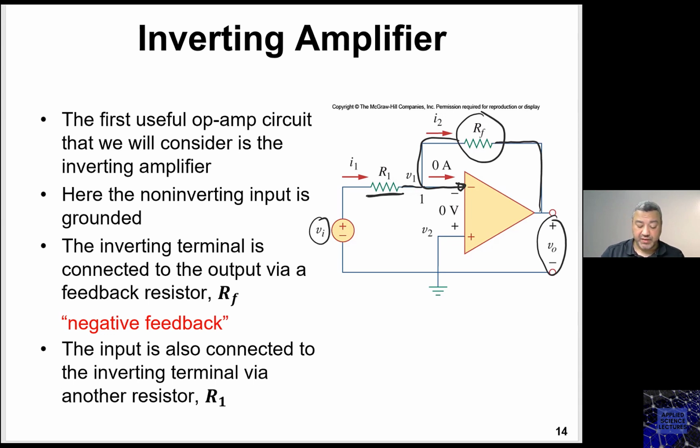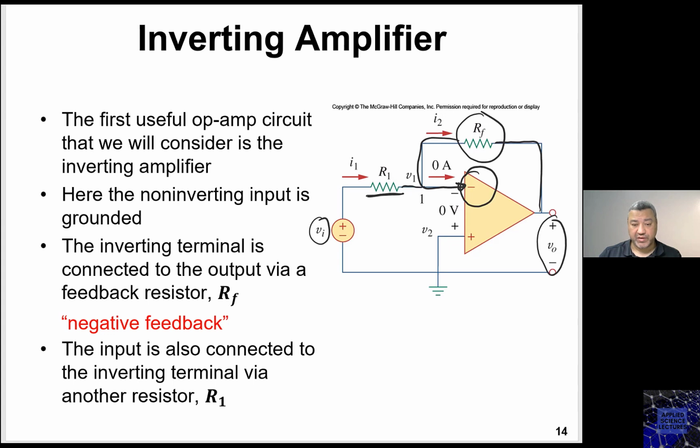This is what we call a negative feedback because the output is connected to the inverting input. Negative feedback. All the op-amps in the circuits that we will be looking at have to have a negative feedback. A positive feedback is going to result in an unstable circuit.